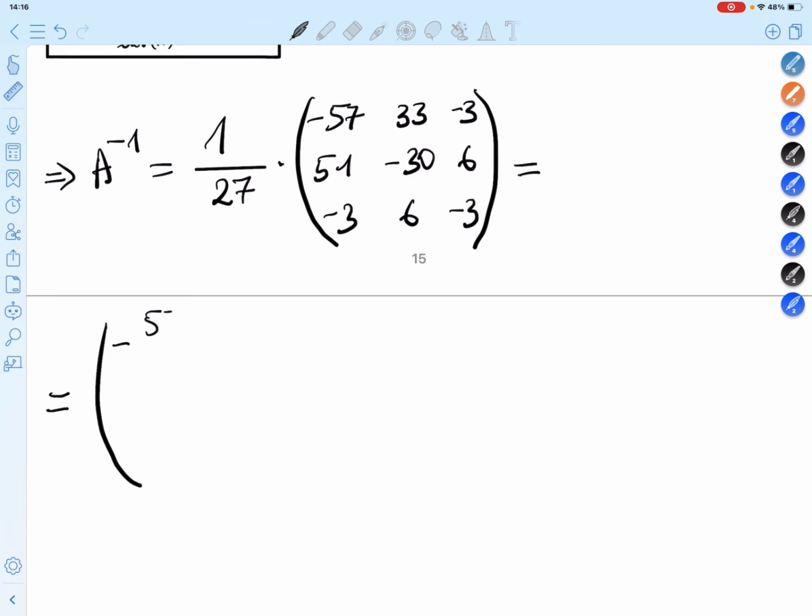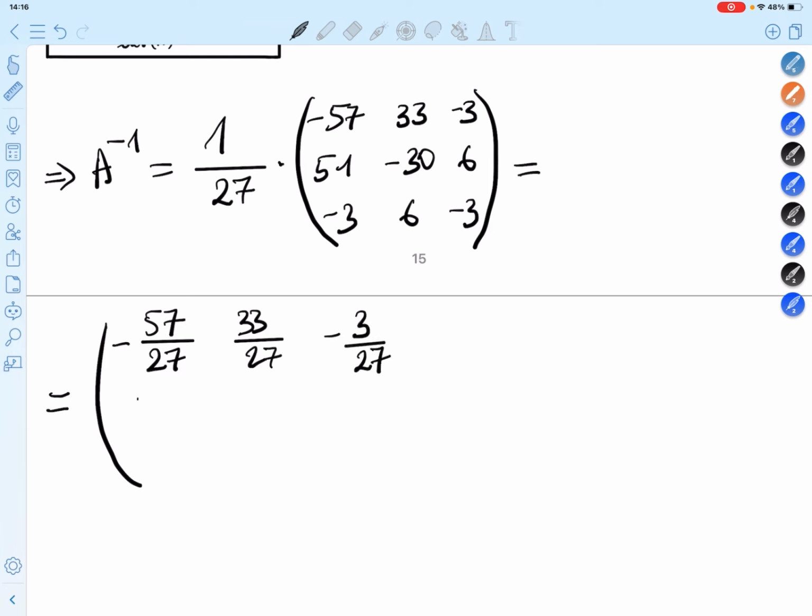So this would give me minus 57 over 27. Then we have 33 over 27. Then we have minus 3 over 27.